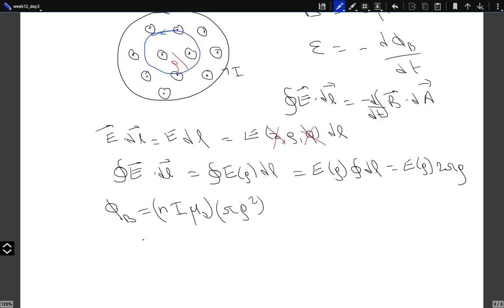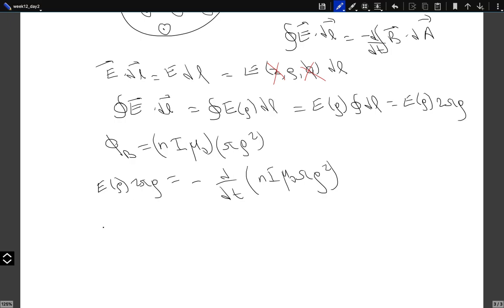And now we have Faraday's law, which states that E rho times 2 pi rho should be equal to minus d by dt of n I mu 0 times pi rho squared. Or E rho times 2 pi rho is equal to minus: n is constant, mu 0 is a constant, pi is a constant, rho doesn't change in time, so we get dI by dt.